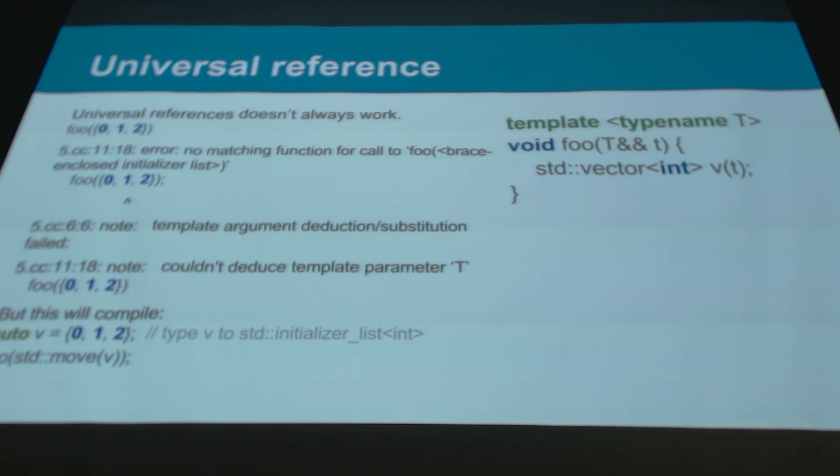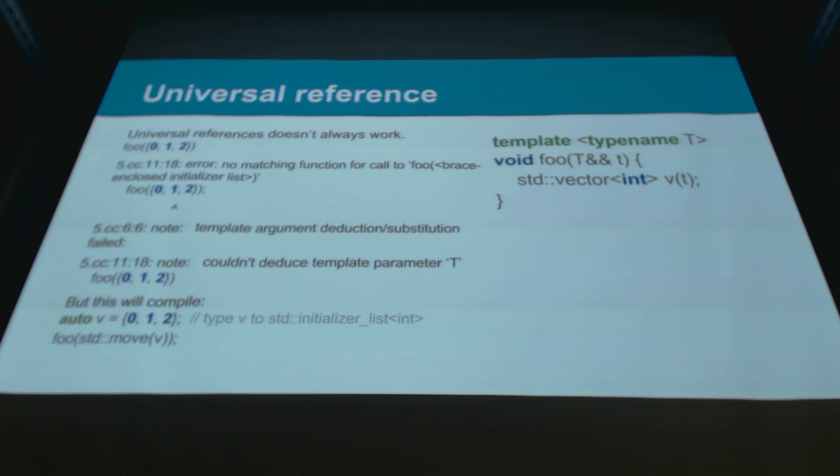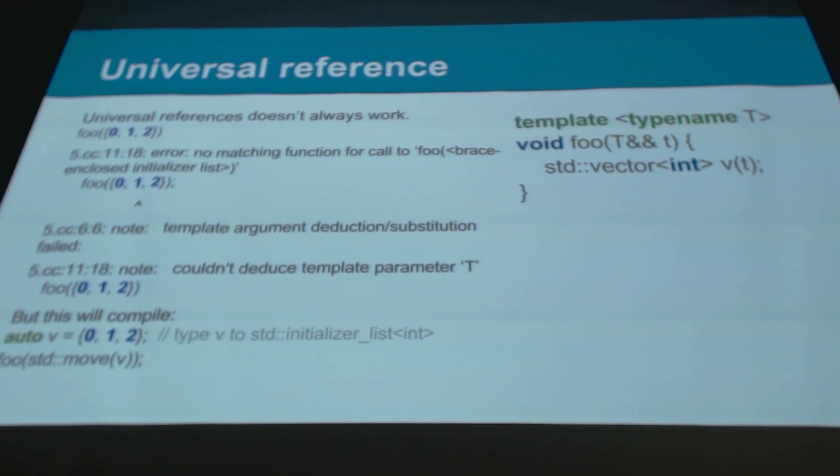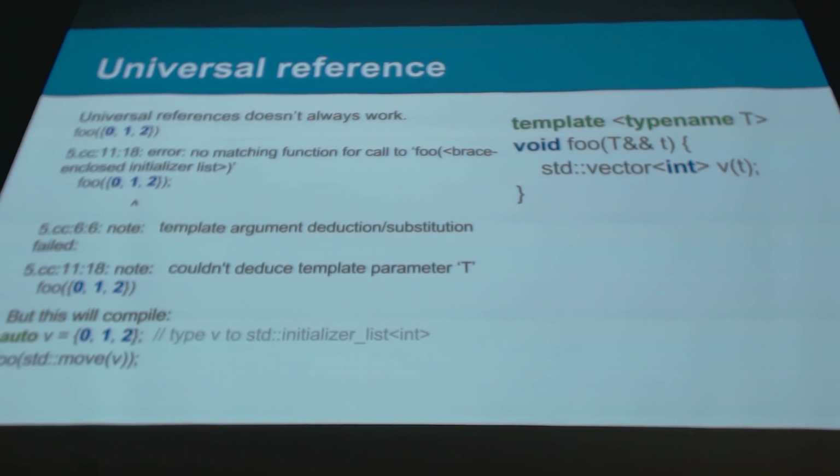But it also turns out that universal references are not so perfect. In this case, we have a function foo that will try to make a vector inside this function from the thing that we get, and we want to pass an initializer list to this function. And it turns out that universal references cannot handle a case like this.